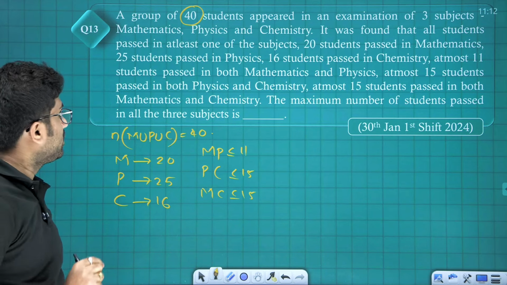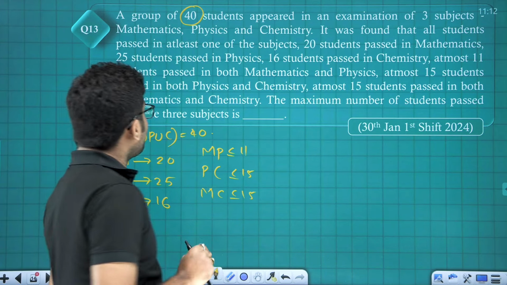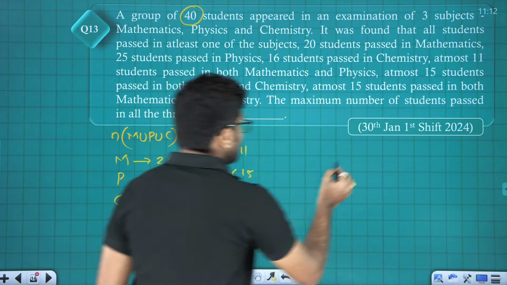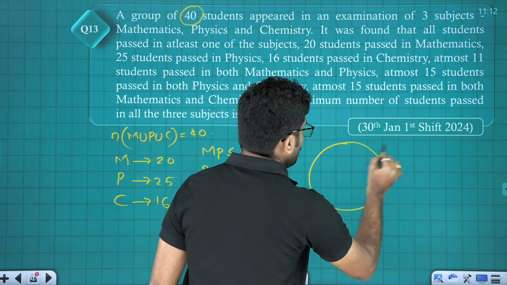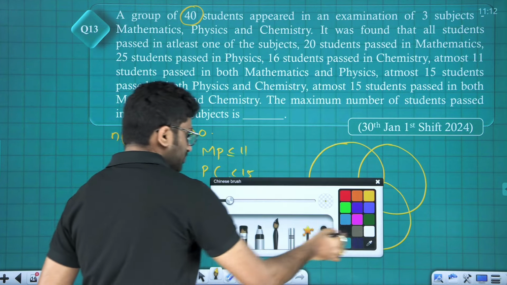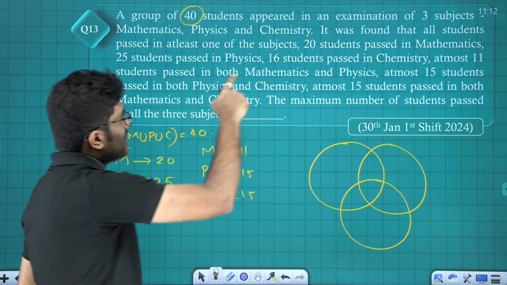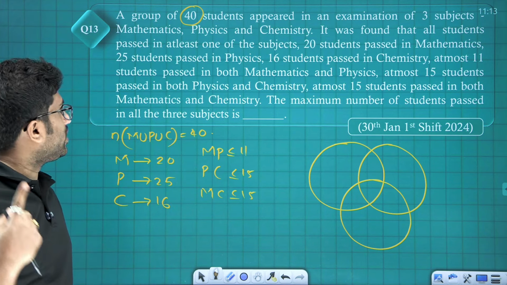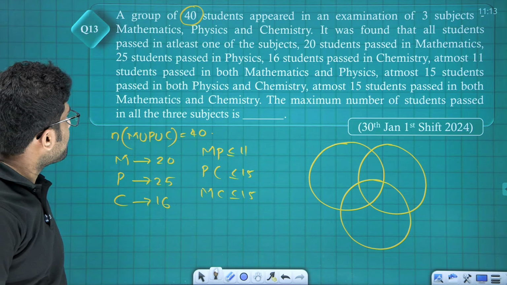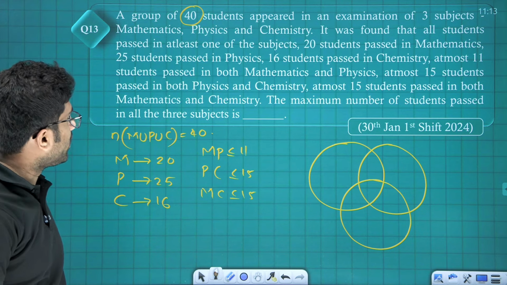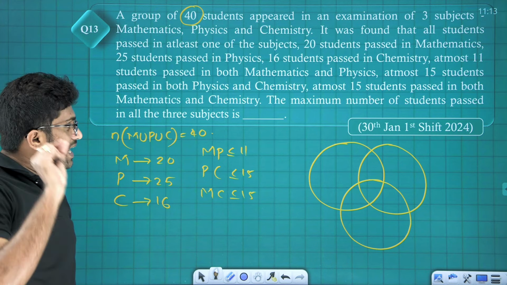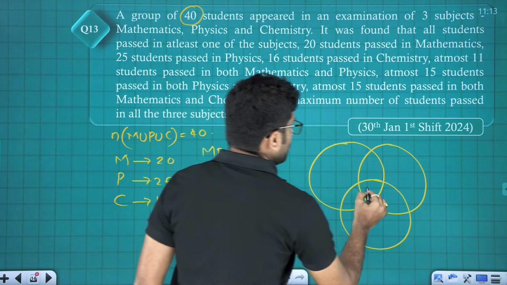The maximum number of students passed in all the three subjects, M intersection P intersection C. Friends, actually if we draw a Venn diagram, the universal set is equal to the union, because all of them passed in at least one of the subjects. Then fine. Now let's see. They are asking the maximum number of M intersection P intersection C.